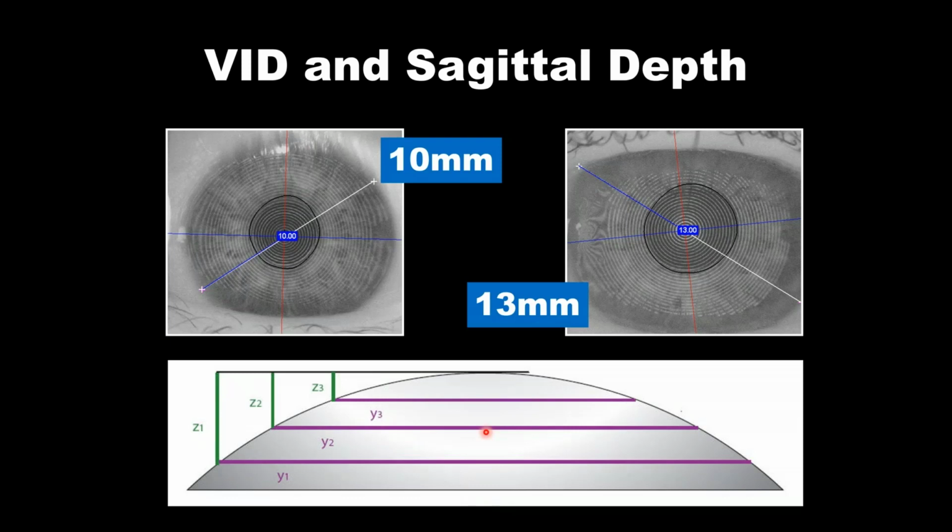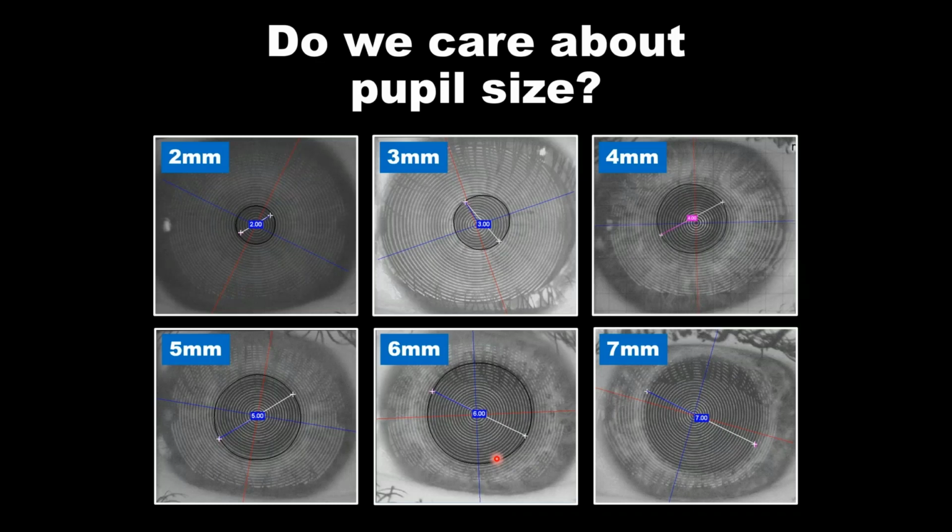But if we assume normal curvature and a 10 millimeter eye, that's going to be a very low sagittal depth. If we assume a median radius eye and a 13 millimeter visible iris diameter, we can assume that's a much deeper eye. So of course, we're going to need to modify how we fit those specific cases.